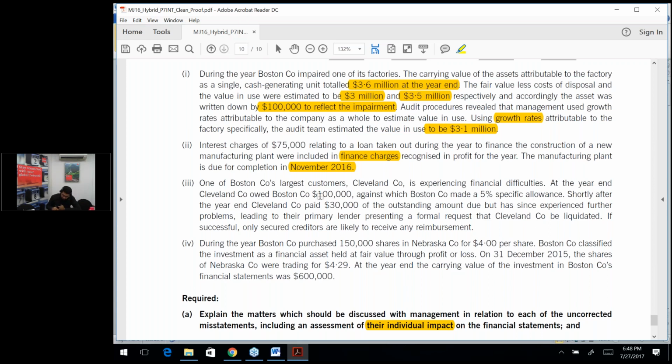At year end, Boston was owed 65,000, against which Boston made a 5% specific allowance. Shortly after year end, Cleveland paid 30,000 of the outstanding amount, but has since experienced further problems, leading to their primary lender presenting a formal request that Cleveland be liquidated. If successful, only secured creditors are likely to receive any reimbursement. So you see, now what has happened with it?